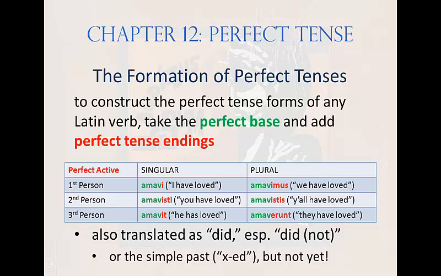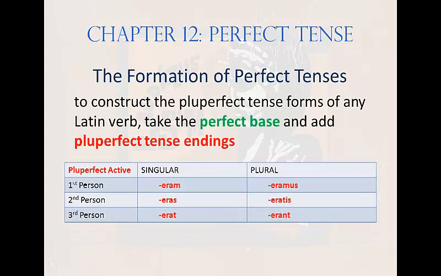For right now, please don't use that translation for the perfect tense. It can be confused with the imperfect. When translating the perfect tense, use only have, has, or did. To form a pluperfect verb, the equivalent in English of had, Latin uses these endings. Eram, eras, erat. Recognize these? You should.